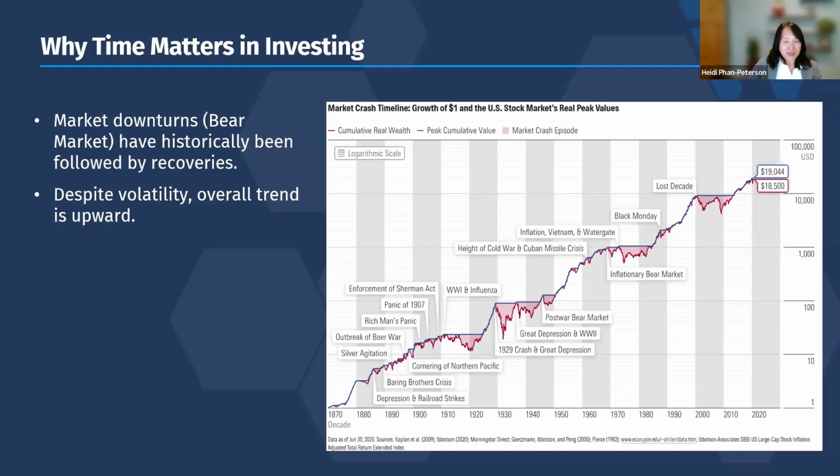We can give an example here of a car purchase. If you have a short time frame, like 2 years to save, say, $25,000 for a car, and you want to buy that car at the end of 2 years, that's a relatively short time frame. And if we look again at this year 2000, if you had invested all of that money into the stock market, over the span of 2 years, the market was basically just declining.